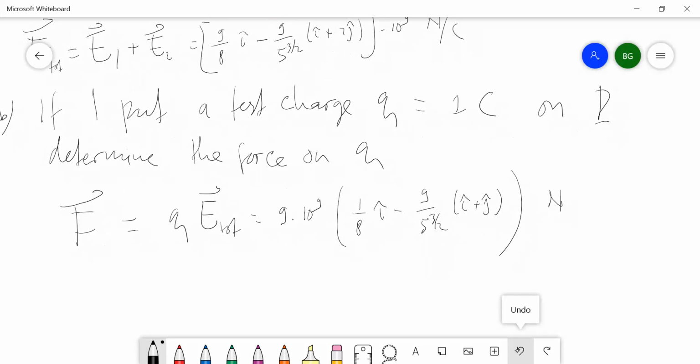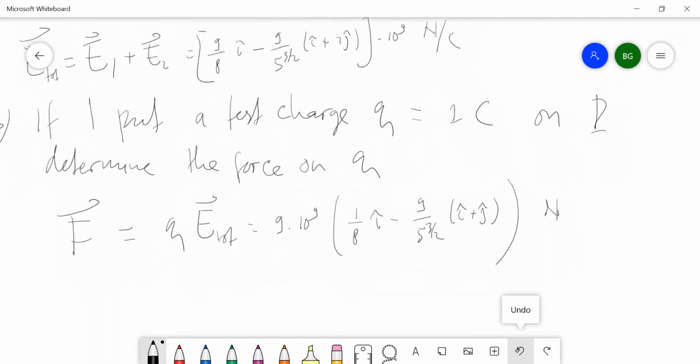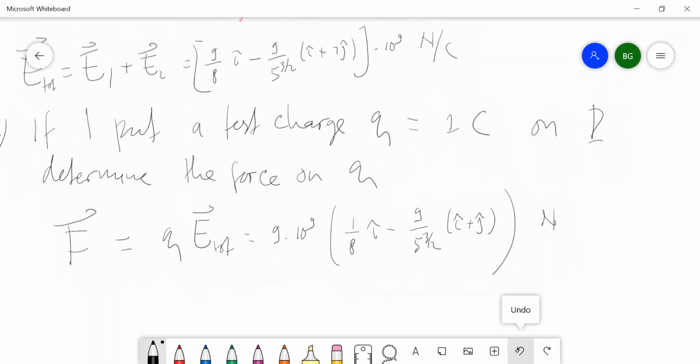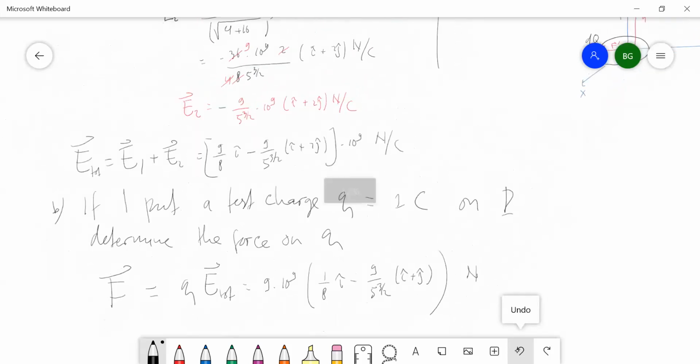So you just replace the units from newton per coulomb to newton, because we already multiplied the resultant E total times Q. Is there any question related to this material, this example?